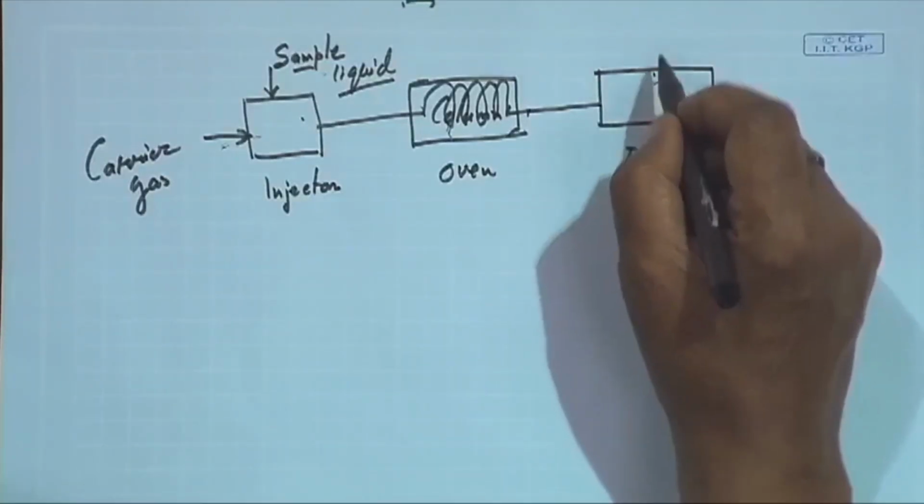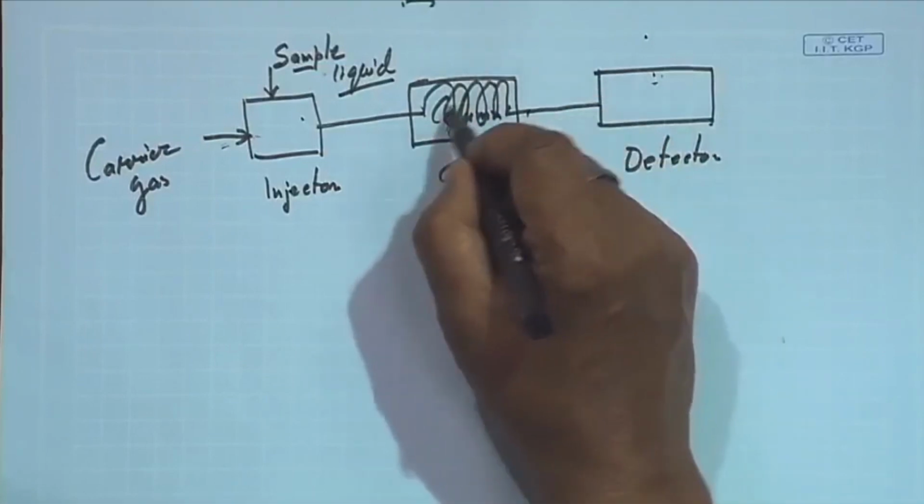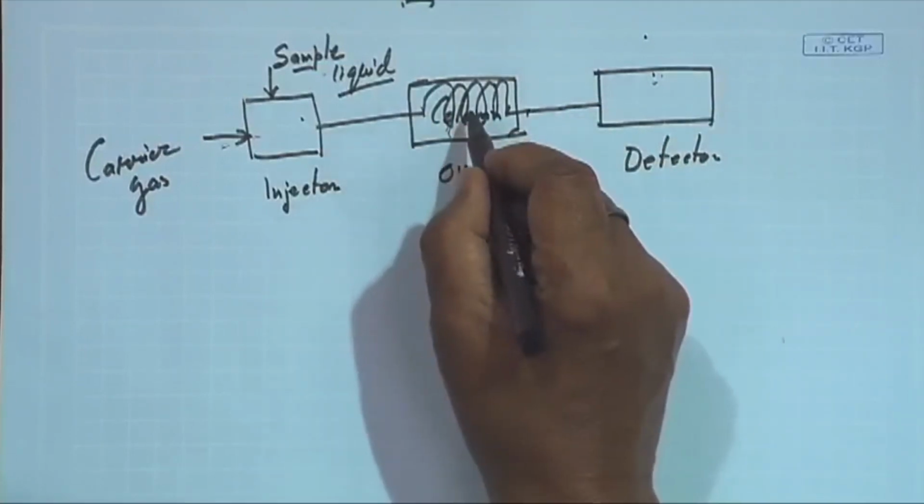Here also we maintain the temperature as per requirement, and the temperature should be higher than the boiling point of the sample that we are going to analyze, because if it is lower than the boiling point, there is a possibility of sedimentation or condensation of the liquid in the column. So, we shall have to keep the temperature higher than the boiling point of the liquid.